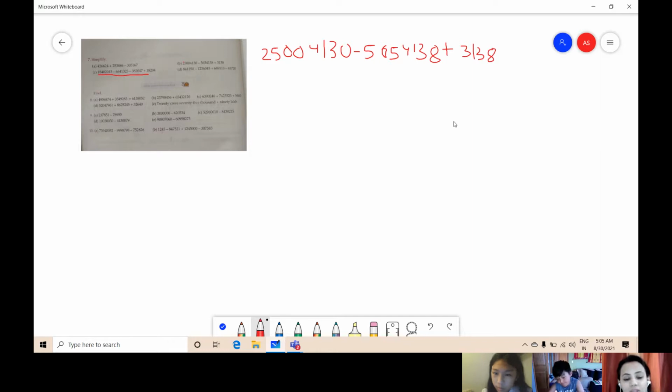Okay, so we have seen the rule according to the BODMAS rule. According to this rule, first we have to solve the bracket. Bracket is not there. Then we have to solve the off. Off is also not there. Then we have to solve the division. D for division.